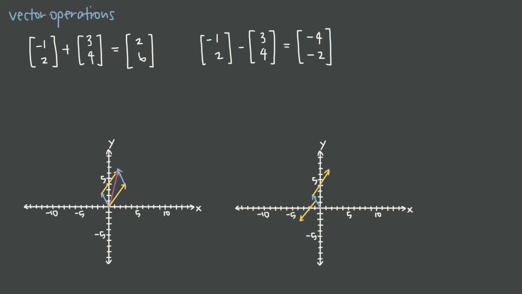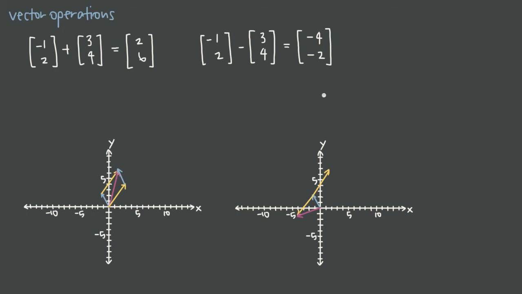So this is what it would look like to subtract 3, 4. And you can see that the result is -4, -2. So if I sketch that in standard position, I get -4 and -2. I didn't do a super good job drawing this, but it comes out to the same spot as where I got to when I started with -1, 2, and then subtracted away 3, 4. In other words, took 3, 4 and went in exactly the opposite direction.